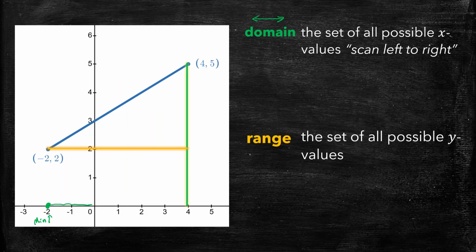And you see that it moves along all the way up to x equals 4, and it's allowed to be x equals 4. So the domain, in the past, we might have written that -2 is less than or equal to x is less than or equal to 4.